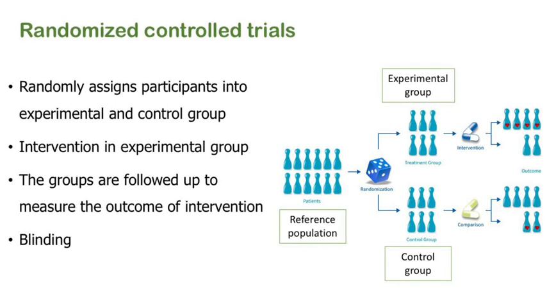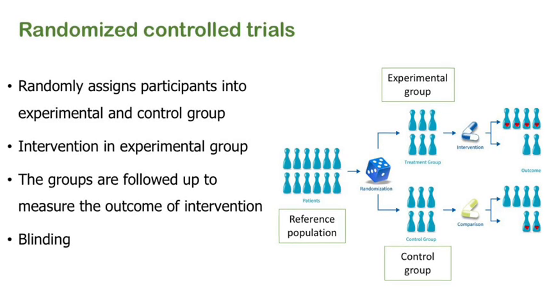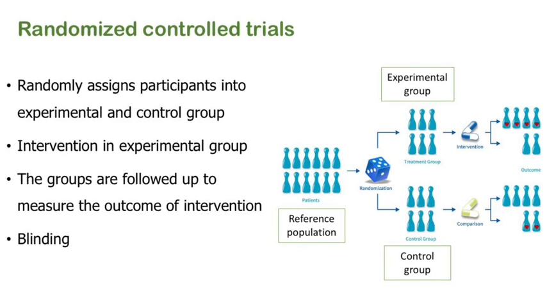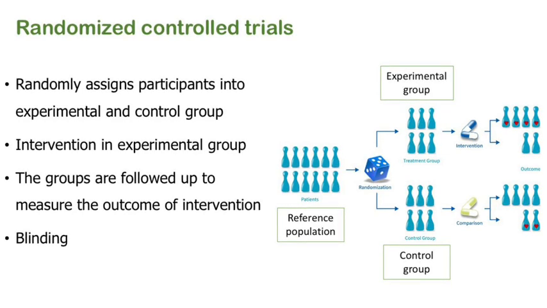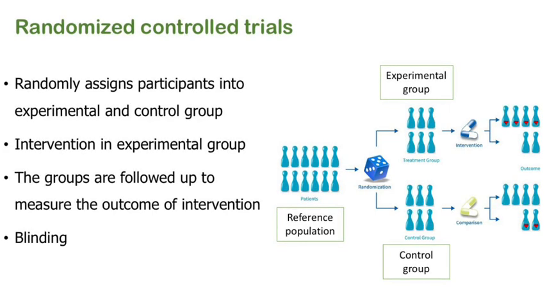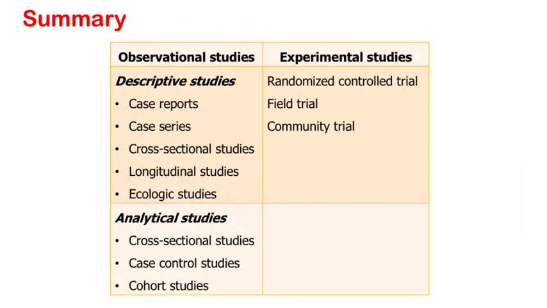This procedure is known as blinding. And after that, they are followed up to know the outcome of intervention in both the groups. With this, we come to the end of study designs in epidemiology.